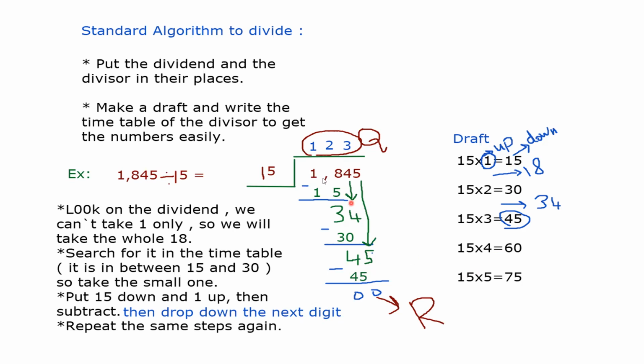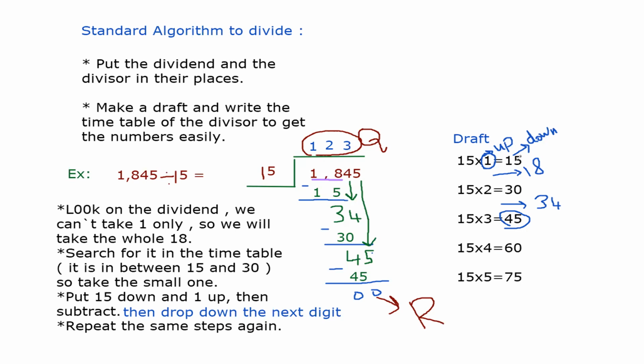After that, we are going to start to look at digit by digit. So here, can we make 1 divided by 15? Of course not, it's smaller than 15. So I am going to take the whole 18. Now 18 divided by 15. To know what is the quotient, we are going to search where is the 18.